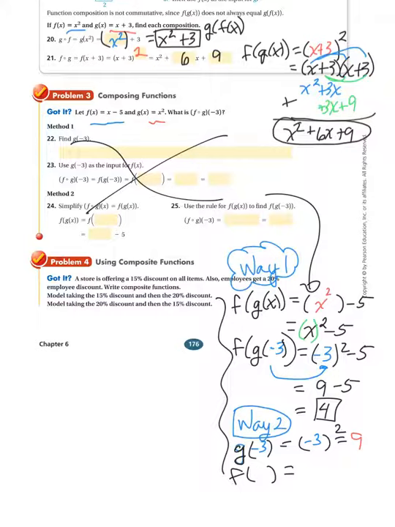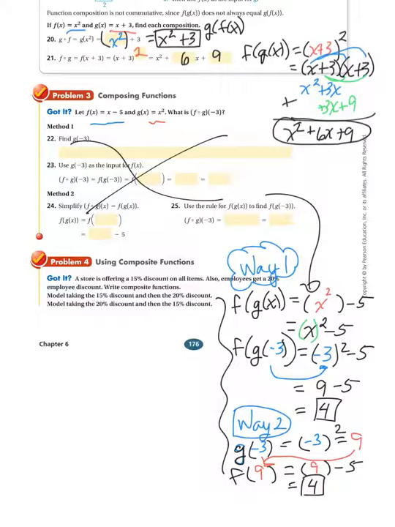So I'm going to take that 9 and it becomes my input for the f function. And so your f function is x minus 5. So parentheses minus 5. That 9 becomes the input for that function, and 9 minus 5 is 4. So no matter how you go about it, you still get the same answer.